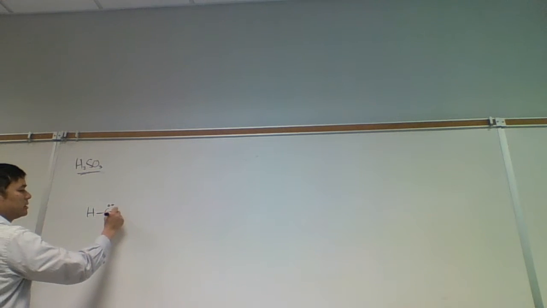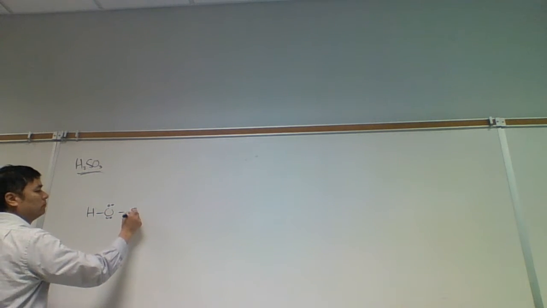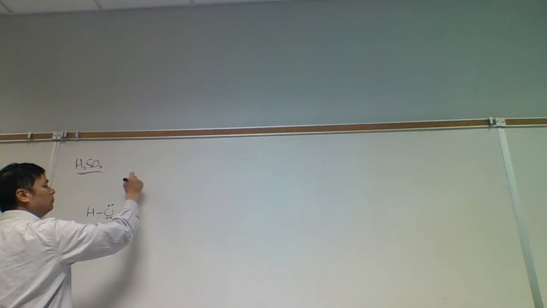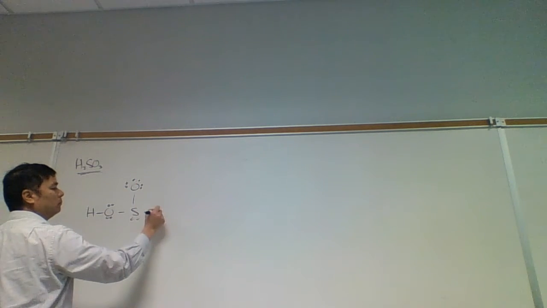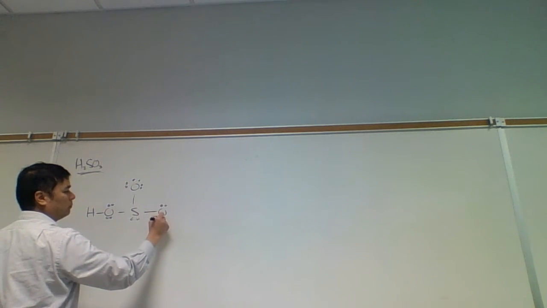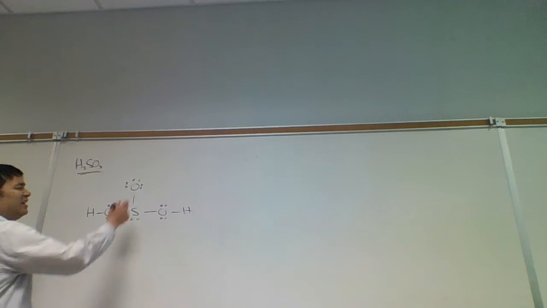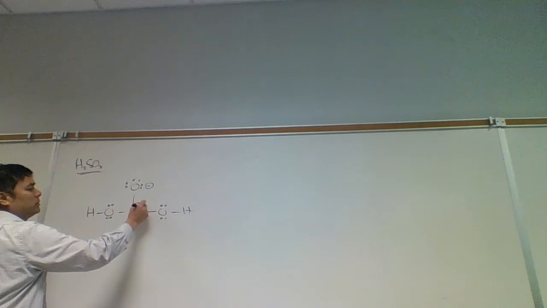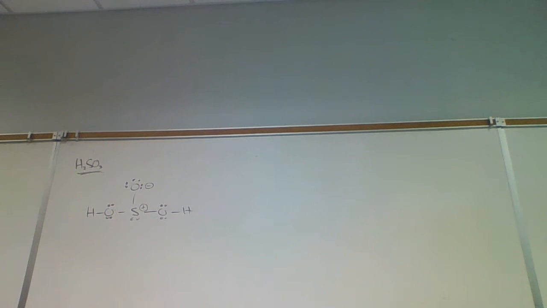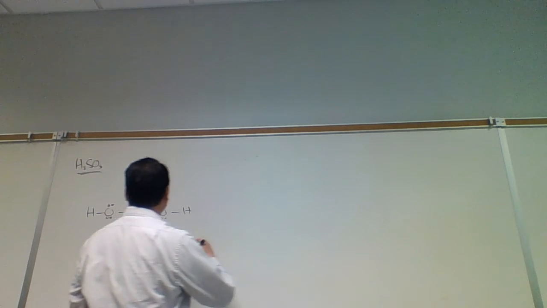This structure has an octet. But it's going to end up having formal charges, a minus formal charge on the oxygen and a plus charge on the sulfur. Now, if we look at this, what's the hybridization?